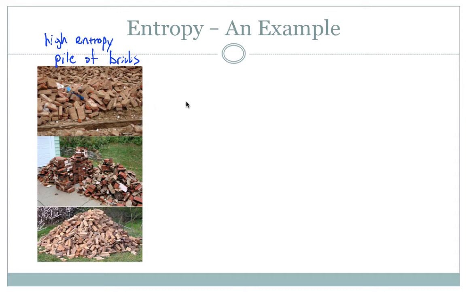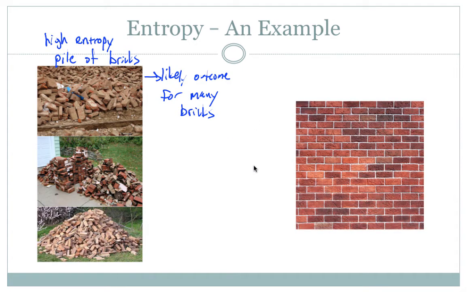So the end result is we can say that this has a very high entropy because this is a very likely outcome for many bricks. When we use those many bricks, we would expect them ultimately, when dumped out randomly, to form a pile like this.